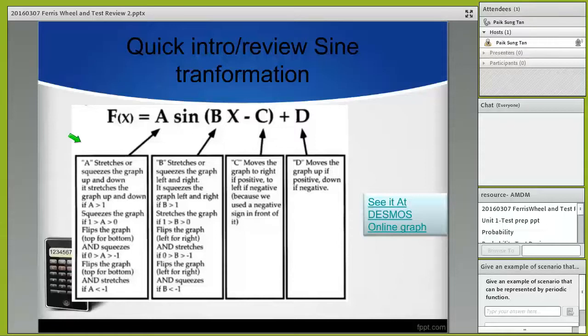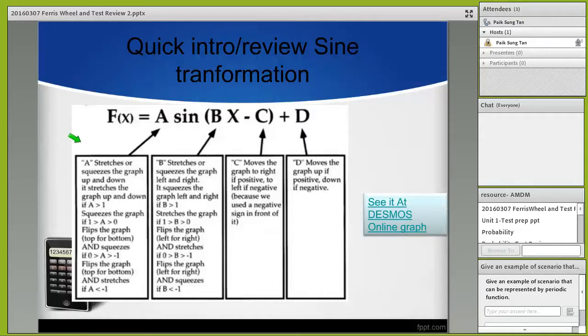It flips the graph top for bottom and squeezes it. Two things: it flips the graph if a is between 0 and -1, because it's a negative number, and because it's a number between 0 and 1. So it flipped it and it squeezed it too.